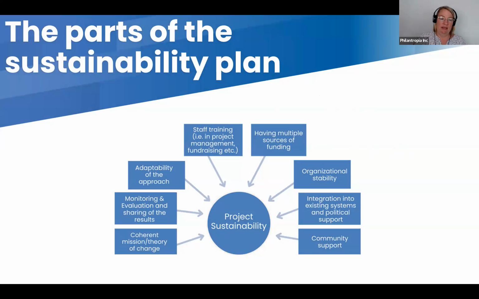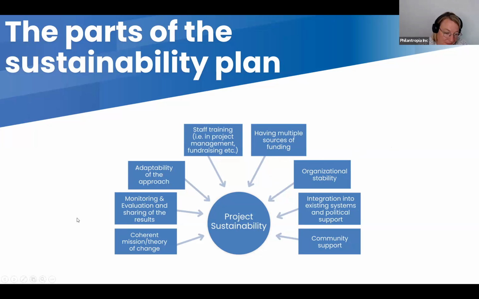Here, the most important ones identified in the studies were the following, and obviously they are important for achieving project sustainability, but you will see that in general, most of them are crucial to run successful projects on a larger scale as well. So it's really a great tool to look at those and look at your organization and see how you can maybe attain that, how you can get better at those things.